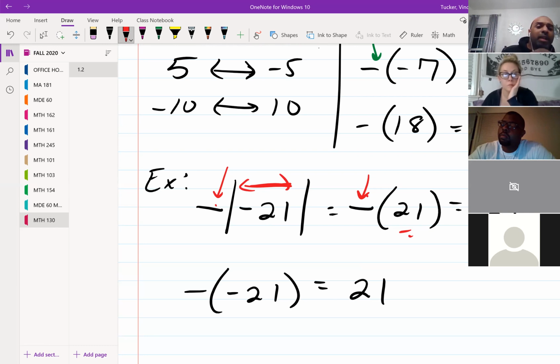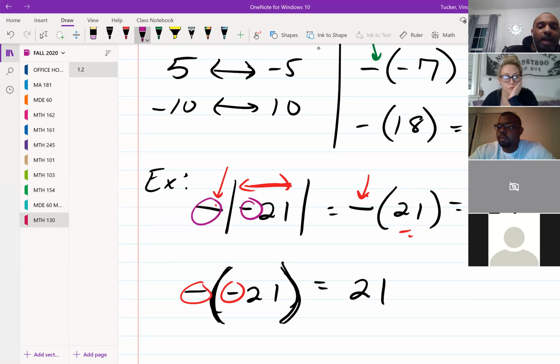Now, parentheses, they don't have an application at all. They're just there for grouping symbols or just for notation. So here, this negative and this negative can be affected by each other, whereas these negatives cannot, because the first thing you have to do is apply the absolute value before you do anything else.